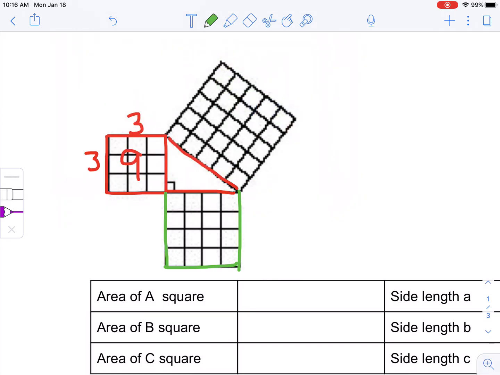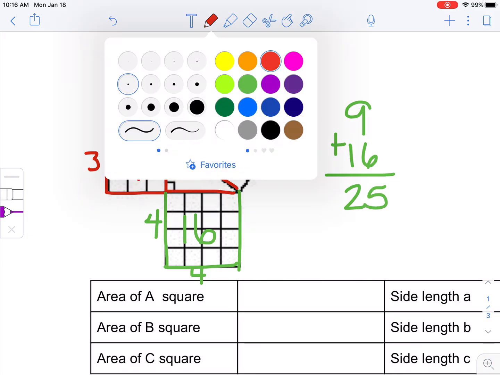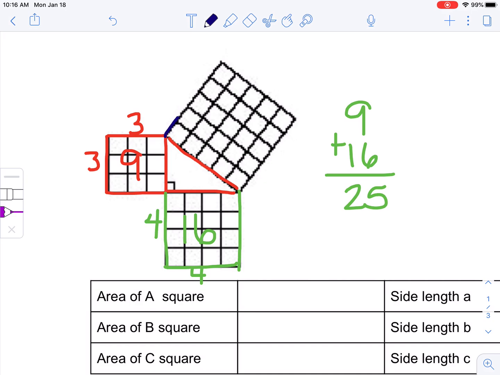And the other is a 4 by 4 square, so 4 times 4 is 16, so the area is 16. You take the area of these two smaller squares and add them together, so 9 plus 16 is 25. That's always going to be the area, I'm going to use a different color, of the largest square that's off the longest side right here.